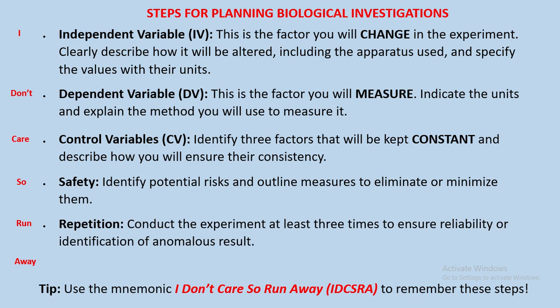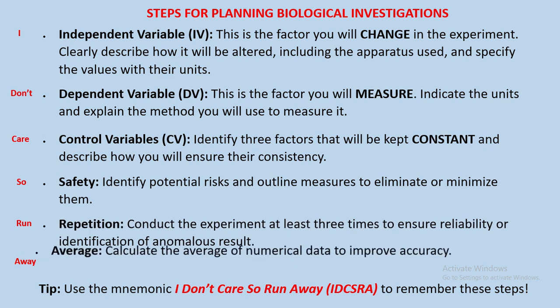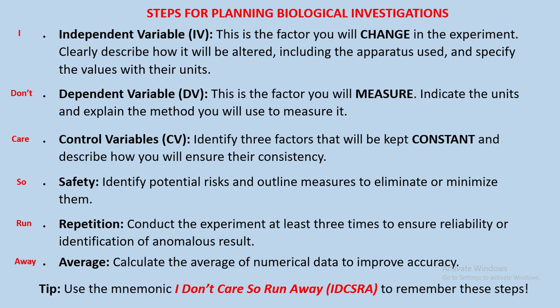Any experiment that is deemed valid has to be repeated, especially to remove anomalous results, and then for it to be reliable. Then the last, taking average. Having gotten 2 to 3 or more repeated values, it is essential you take an average to get more accurate results. So remember the mnemonic again: I don't care, so run away.